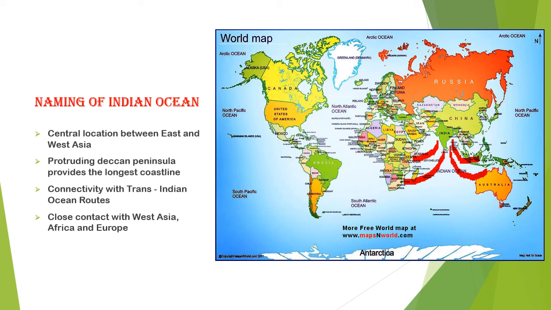That is why Indian Ocean has been named after India, because most of the exchange of commodities, whether it is trade, is happening from India, and India enjoys a strategic position over Indian Ocean to start its trade with different parts of the world. That is why Indian Ocean has been named after India.